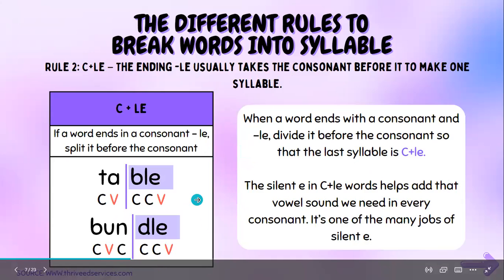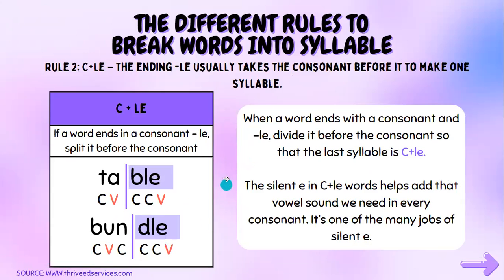The next rule is if a word ends in consonant LE, split it before the consonant. You may remember what I taught you about consonant LE words: we switch the LE to schwa L and pronounce it as "ul." So for example, in the word table, instead of "table," we pronounce it as "tay-bul."